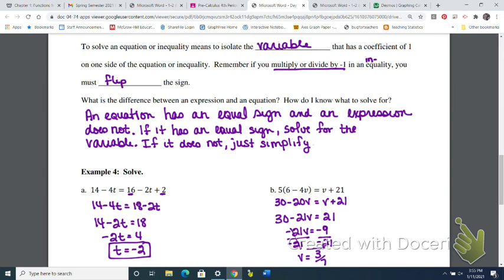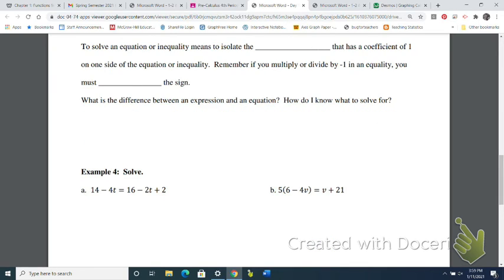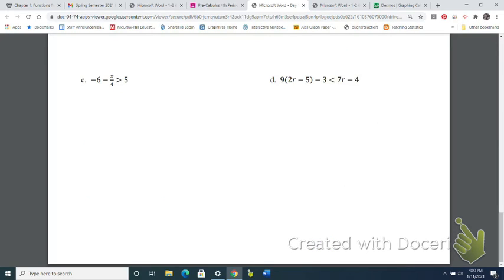Let's take a look at the inequalities now. On C, the first thing I need to take care of is to move the number to the other side. I need to isolate x, so I work the furthest away from x first. I'm not going to touch the 4 until my last step because it's right with the x.